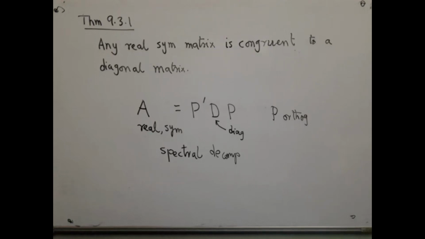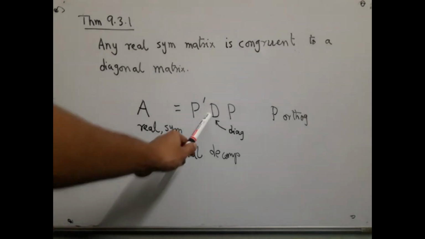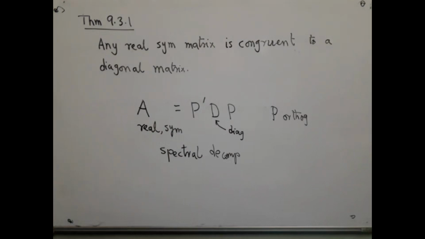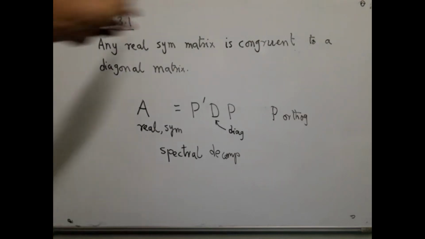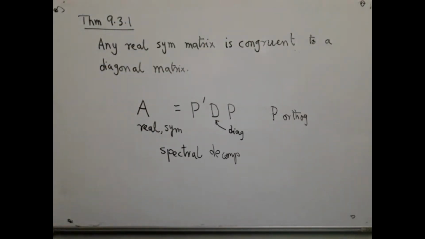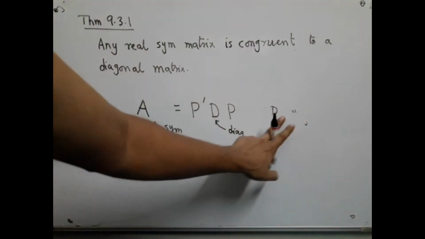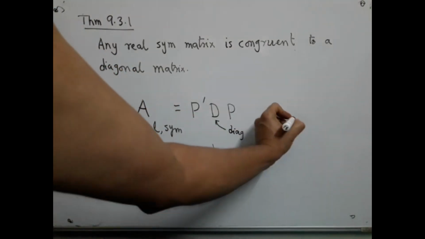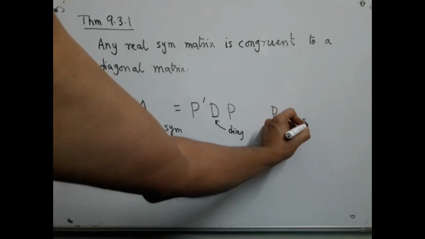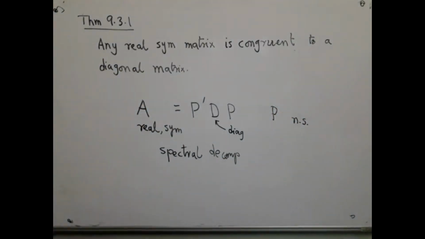Now, if someone asks you to actually find such a D, that will be in general quite complicated if you want to use spectral decomposition. But remember, for this theorem, we really do not care about P being orthogonal. We are a lot less ambitious. It is enough to get P just a non-singular matrix.